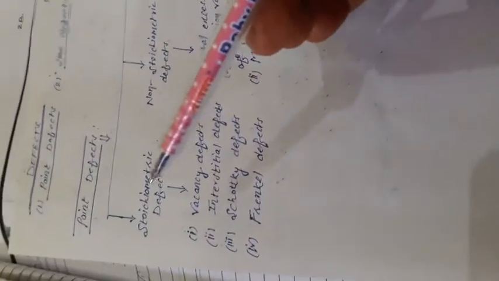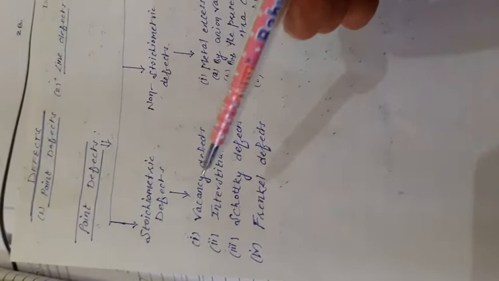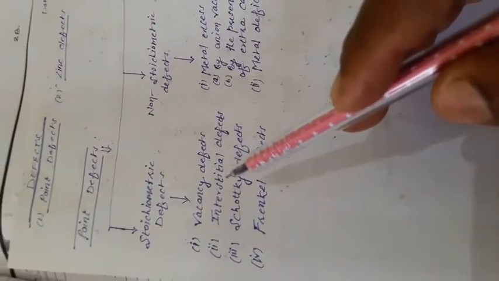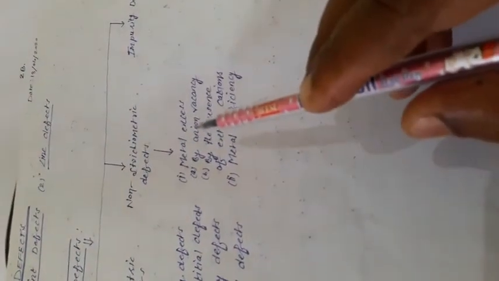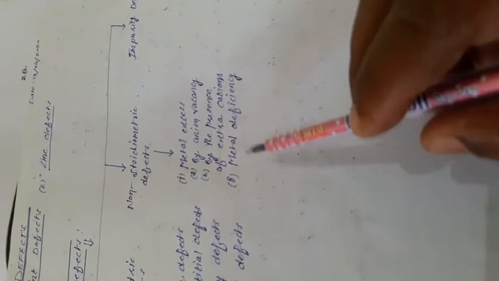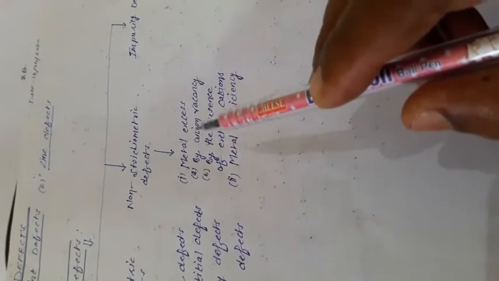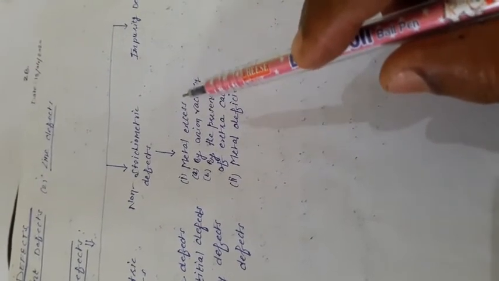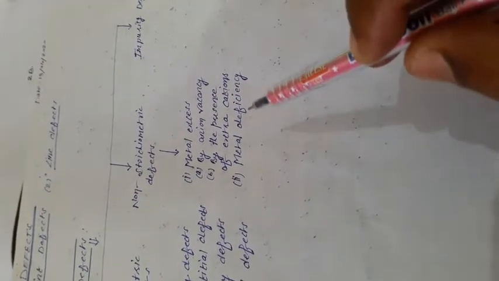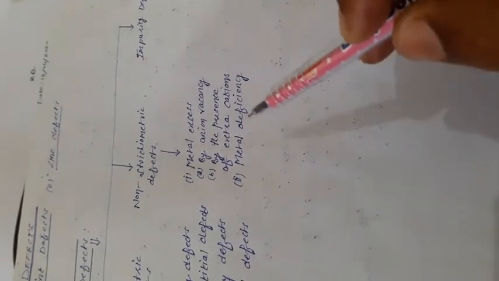Again we classify stoichiometric defects into vacancy defect, interstitial defect, Schottky, and Frenkel. Similarly, in non-stoichiometric defects, we take two: metal excess and metal deficiency. As you know, metal excess means cation excess, and metal deficiency means anion is in excess.